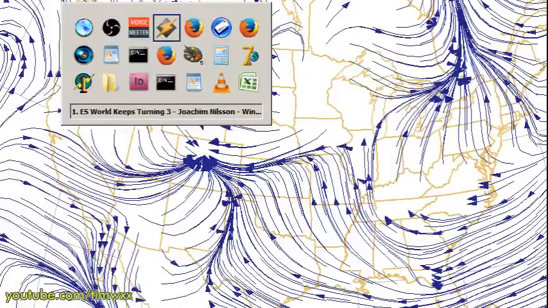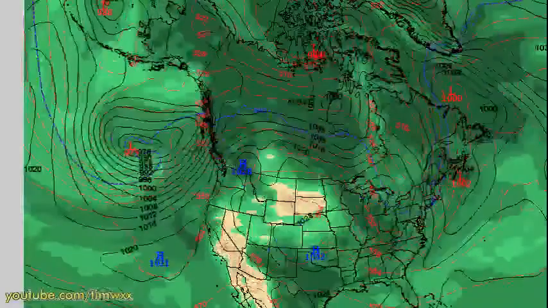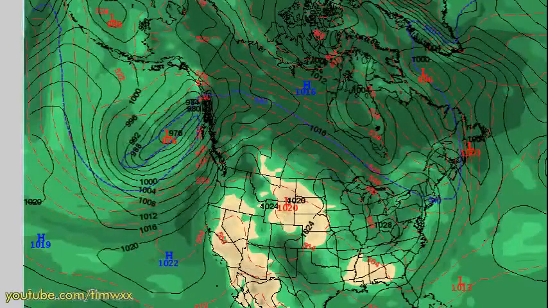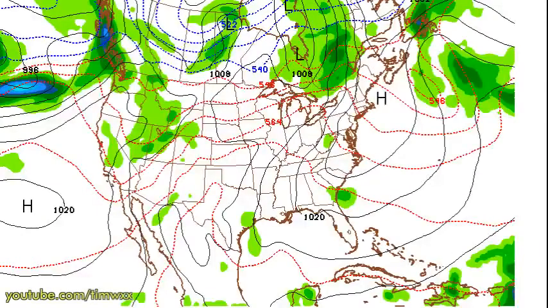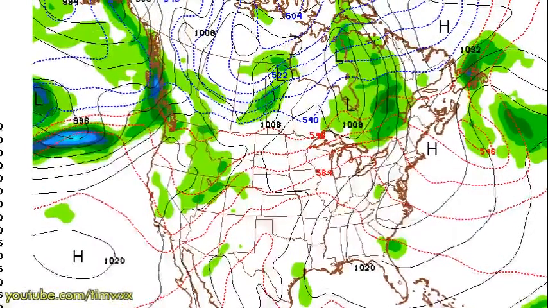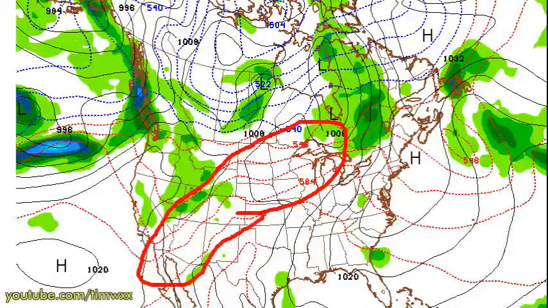We can nail that down with thickness. For that chart, we'll go to, not this thickness, that one's not very easy to read. There's this one right here. This is the GFS output from the Model Analysis Guidance Suite at INSEP, and our thickness gradient runs from Minnesota all the way down to the southwestern U.S. like that, so we know that the frontal locations are going to be like this.